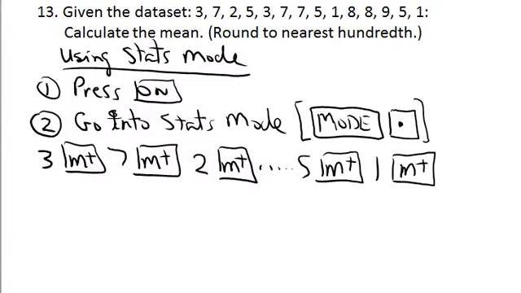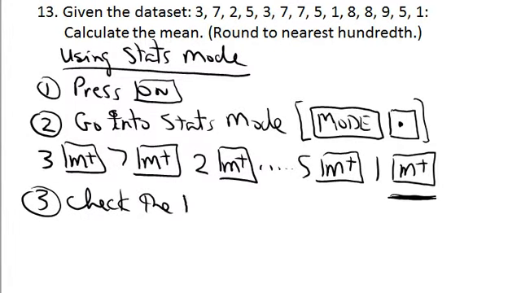Now I've noticed from working with students that sometimes they forget to press that M plus key the very last time. If you don't press it, the 1 does not go in, so be careful about that. This is an optional step, but I would highly suggest it. And that is to check the number of numbers that were entered.